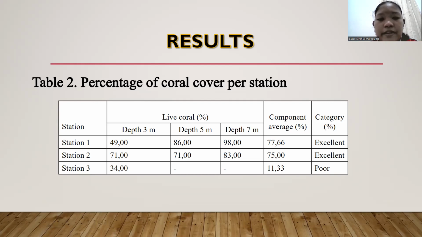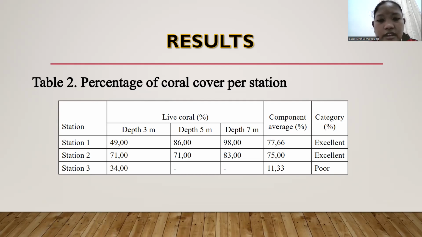In addition, pressure from land close to the source of sedimentation is carried by rivers, carrying material from the mainland. Sediments carried by river flows cause turbidity and reduce sunlight penetration into the water column. In addition, the sediment will settle and cover coral polyps so that it will cause death in coral.